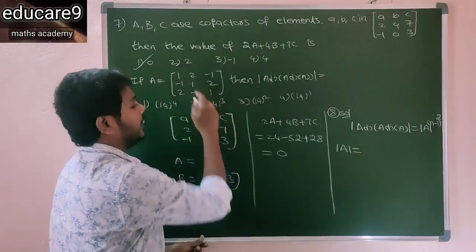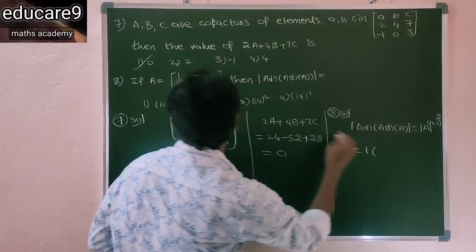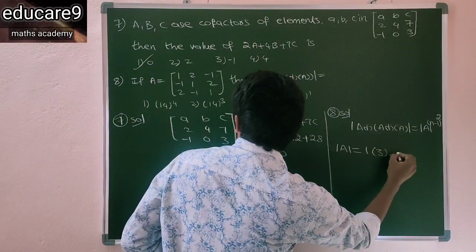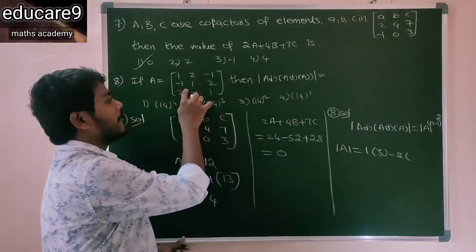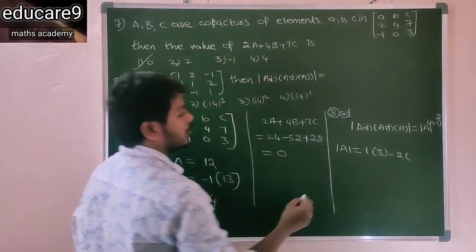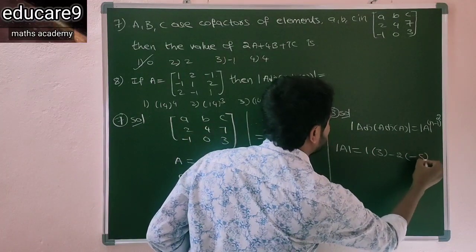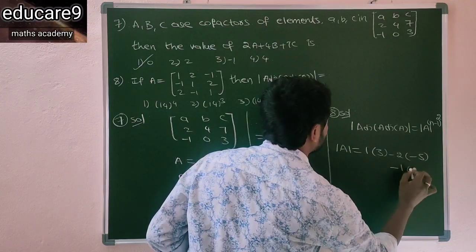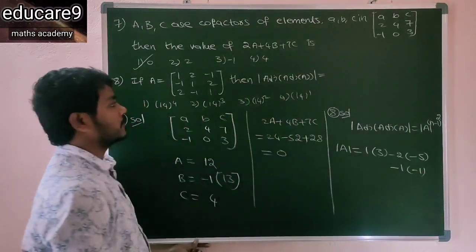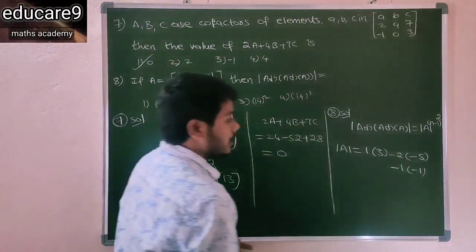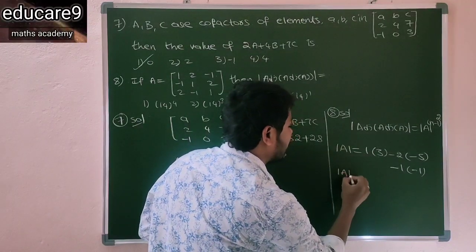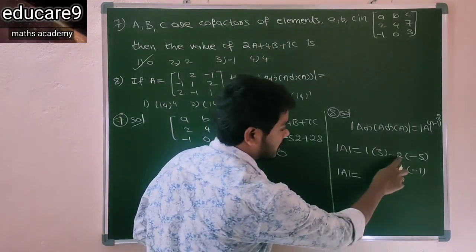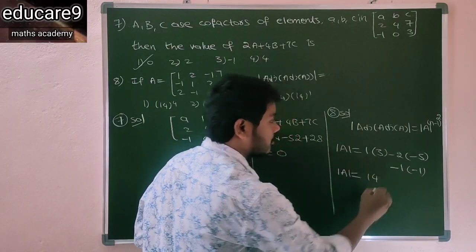See here, 1 into 1 plus 2, that is 3, minus 2 into minus 1 minus 4, that is minus 5, minus 1 into 1 minus 2, that is minus 1. Okay. Now determinant of A is what? 3 plus 10, 13 plus 1, 14.